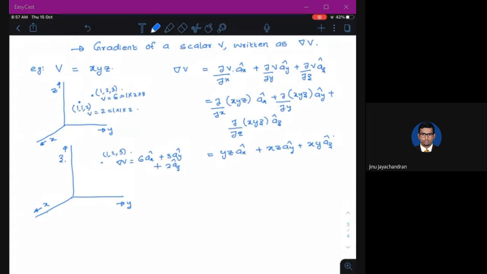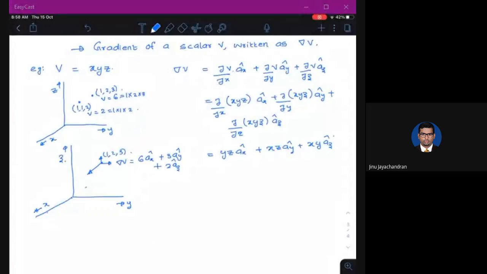Okay, and now this point, which was a scalar, has a direction: along x you have a magnitude of 6, along y a magnitude of 3, and along z a magnitude of 2. So that quantity at that point now has some magnitude.